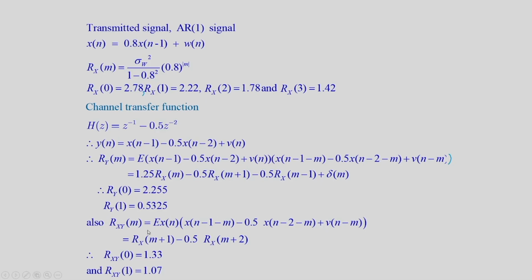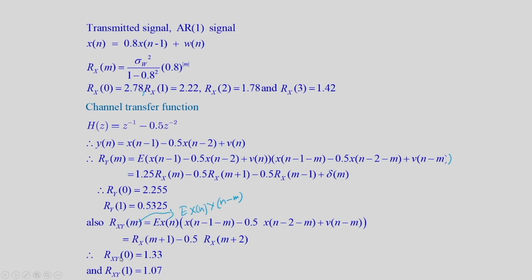So that way Rxy of m, we write it as this is equal to E of x of n into y of n minus m. If we substitute y of n minus m by this expression, we will get this result. So Rxy of m is equal to Rx of m plus 1 minus 0.5 into Rx of m plus 2.